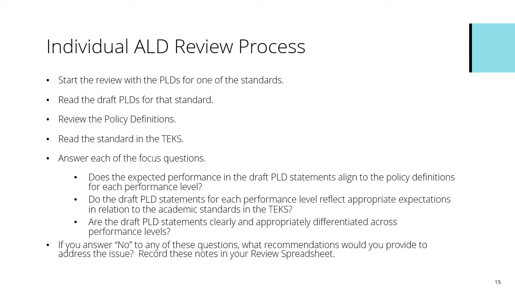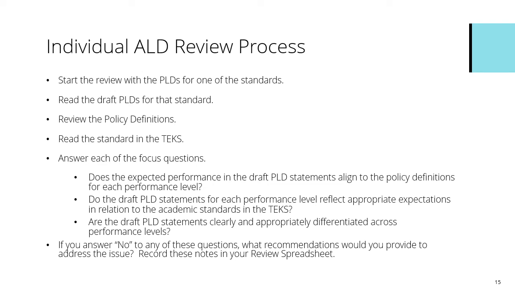To complete your independent review, you will first need to access the draft PLDs. Start with reviewing the PLDs for one of the standards by reading the PLDs for each performance level for that standard. Look at the performance levels and their policy definitions.